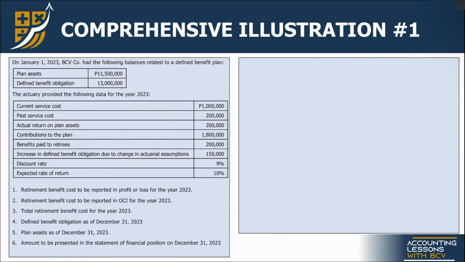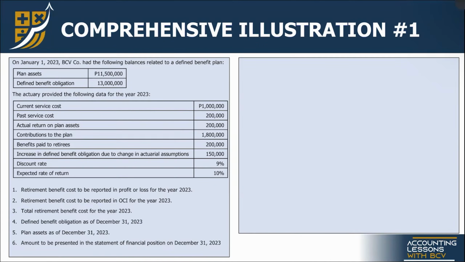The actuary provided the following data for the year 2023. We have 6 requirements: retirement benefit cost to be reported in P&L, retirement benefit cost to be reported in OCI, total retirement benefit cost for the year, DBO and plan assets, and amount to be presented in the statement of financial position. Lahat-lahat nandito na.